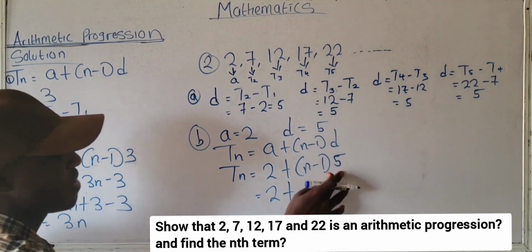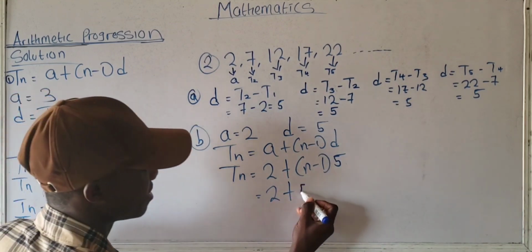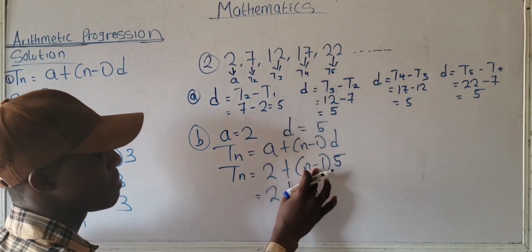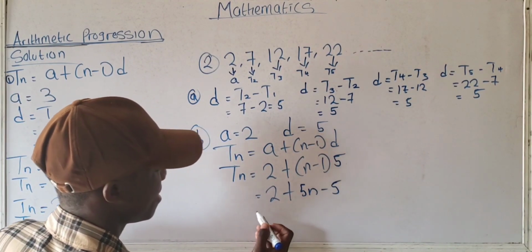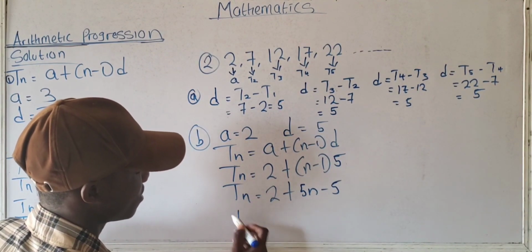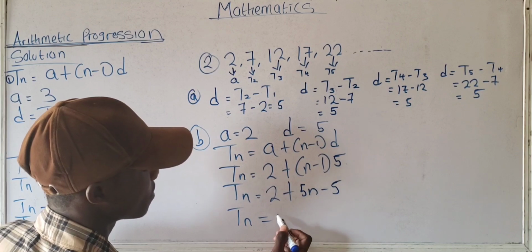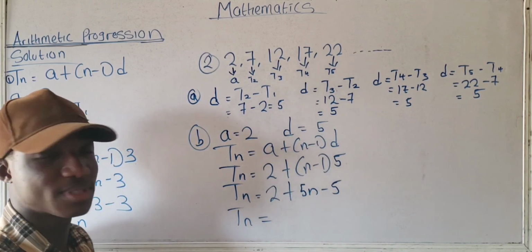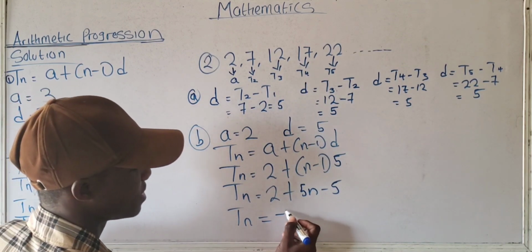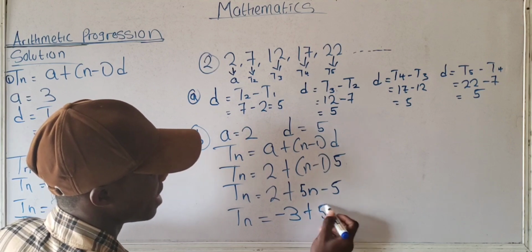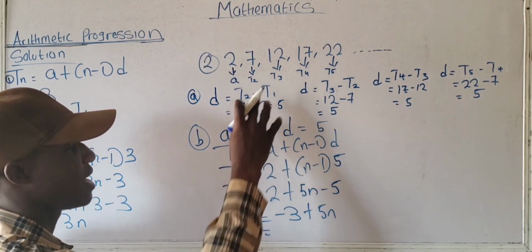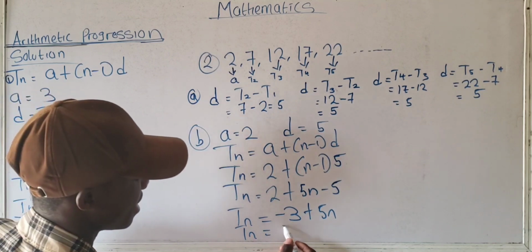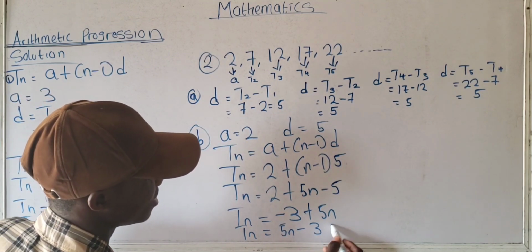I'm going to have 5 multiplied by n, that is 5n. Then 5 multiplied by negative 1, that is negative 5. Now collect like terms: 2 minus 5 is negative 3, plus 5n. So the nth term of this arithmetic sequence is 5n minus 3. That is the nth term.